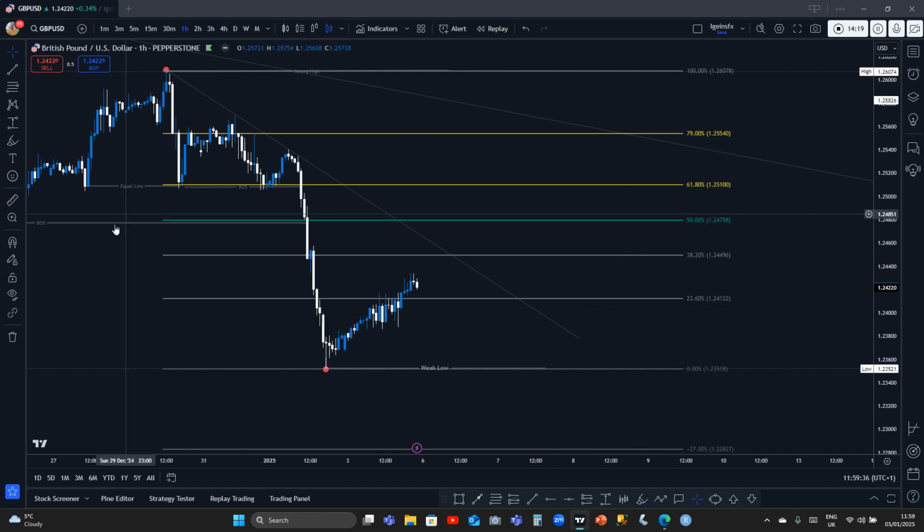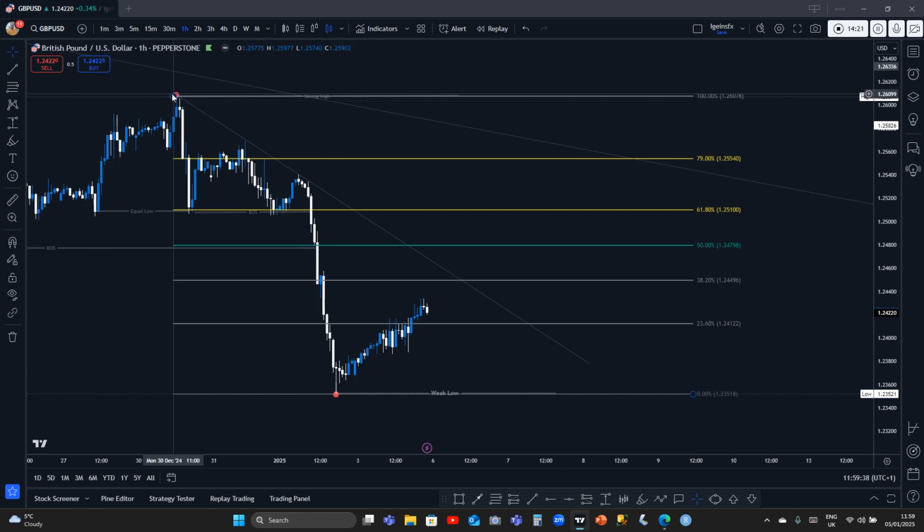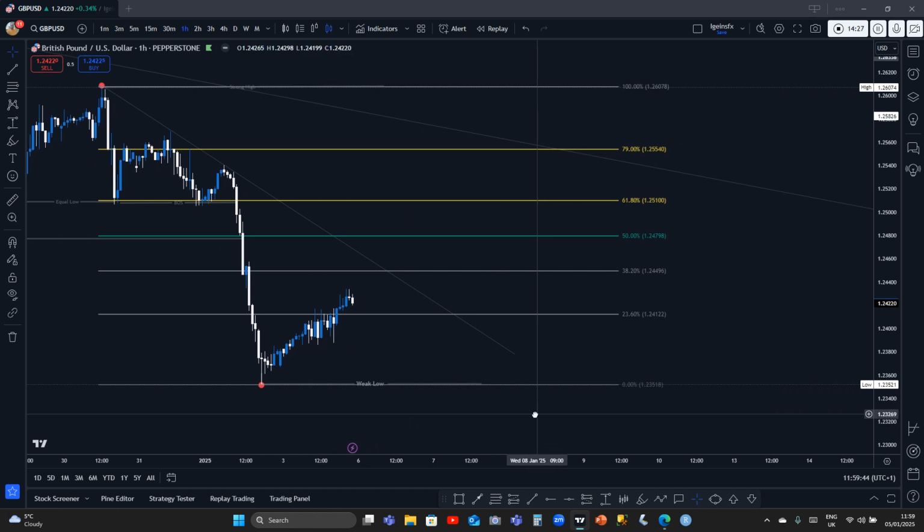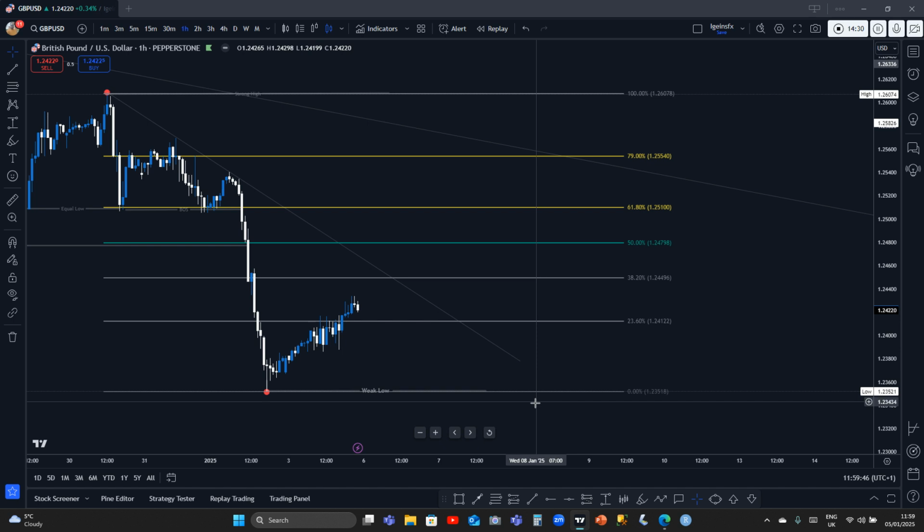Now that we have plotted our fib from the strong high to the weak low, what should we be expecting? We should be expecting price action to trade from this level, anything above this 50%.